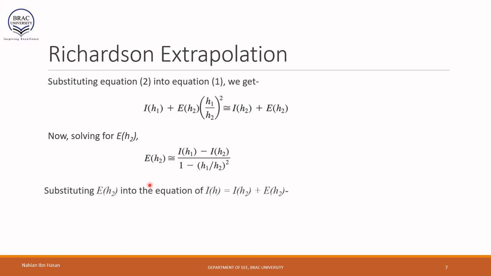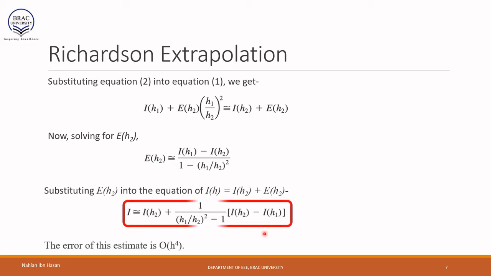Now if we substitute E of h2 into the exact formula, that means I equals I of h2 plus E of h2, which is the method we applied using the trapezoidal rule with a step size of h2, we will get a result like this. This is the final result, the Richardson extrapolation.